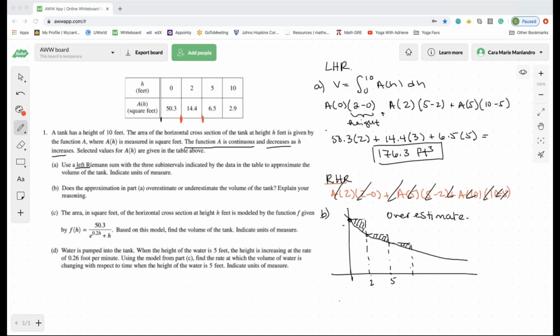I don't actually know. I think that you have to say that it's an overestimate because A is decreasing, and it's a left Riemann sum. But a graph is definitely a good way to look at it. So maybe.